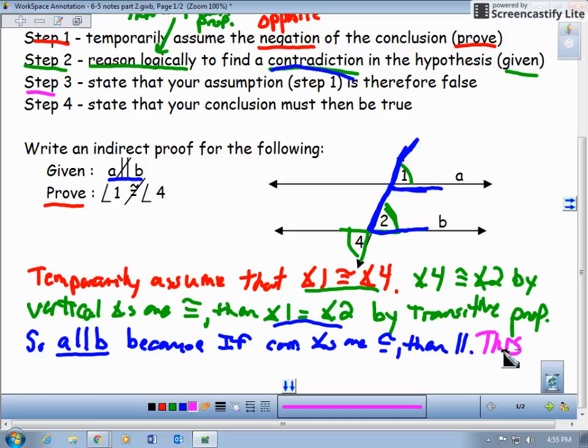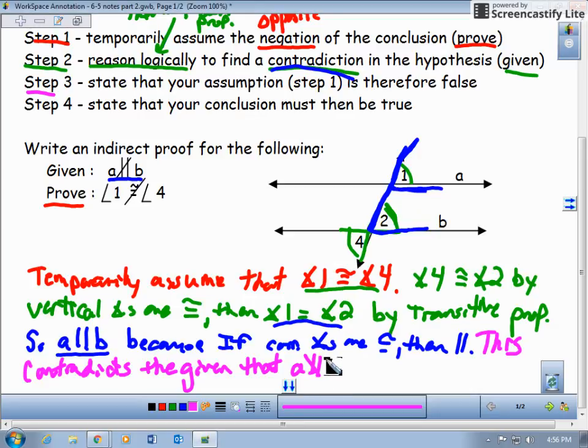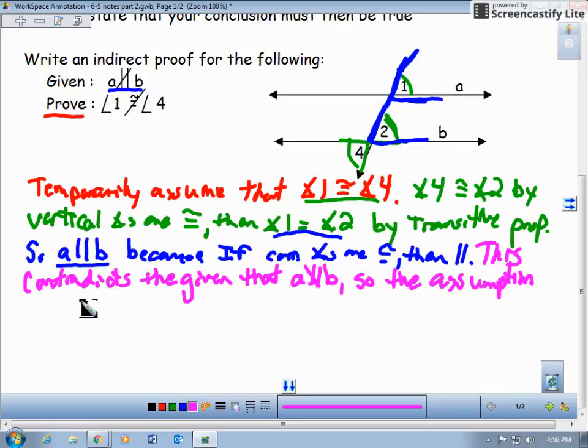This contradicts the given that A is not parallel to B. So the assumption that angle 1 is congruent to angle 4 must be false.